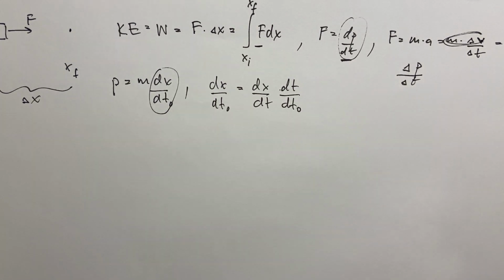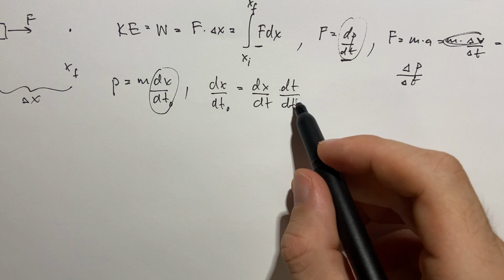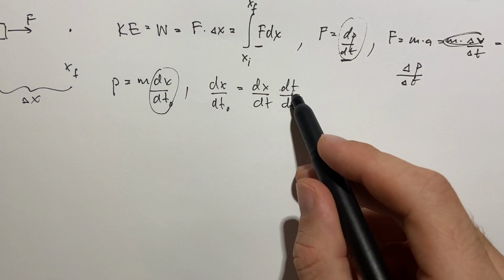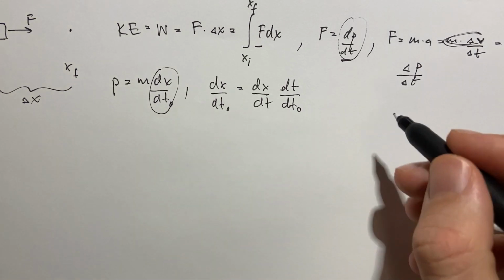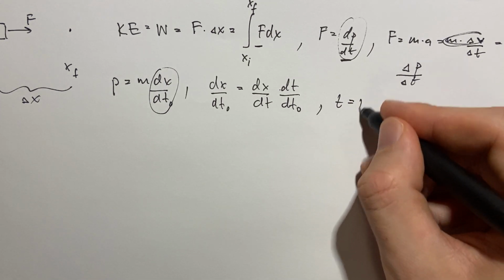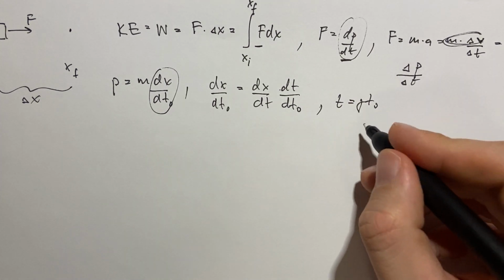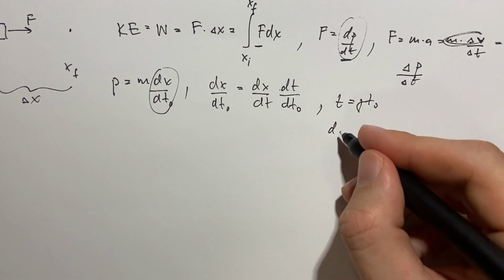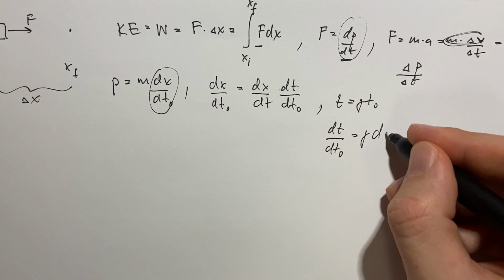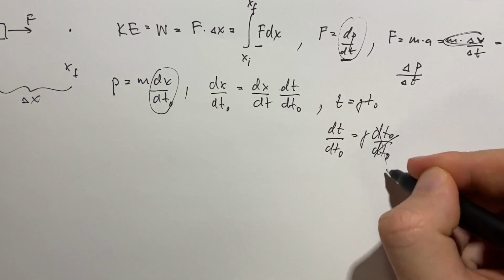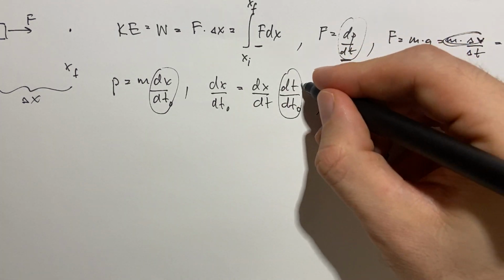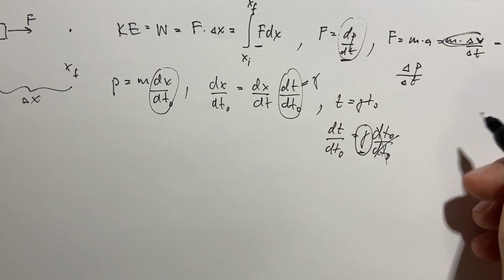But as we've already stated before, we already have a relation between t and t naught, right? And that relation is t equals gamma t naught. So if we differentiate both sides with respect to t naught, we would get just gamma.